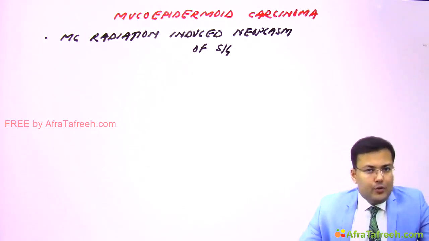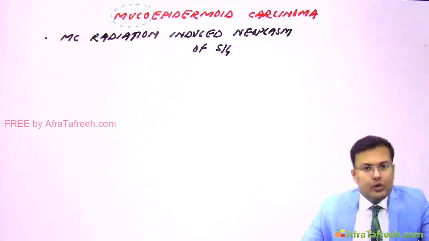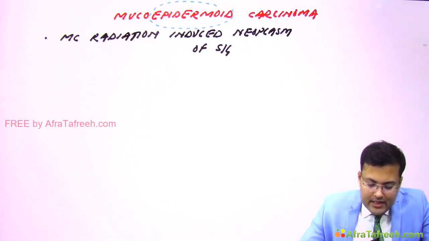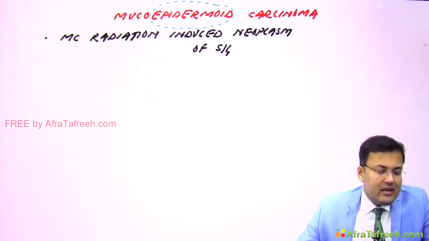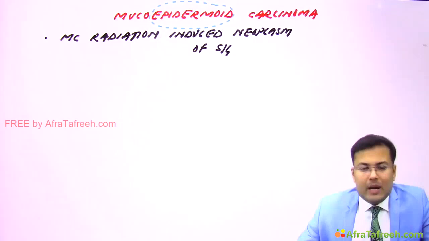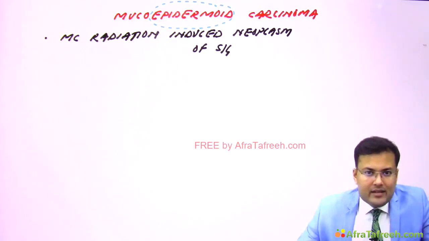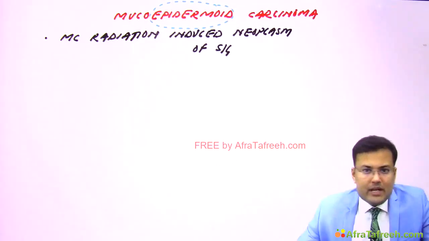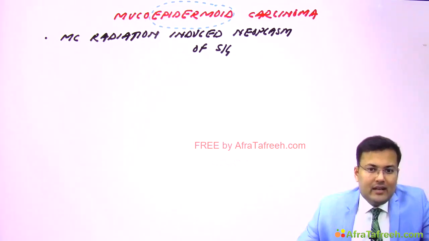Now just break it down. Mucoepidermoid carcinoma mainly consists of two cells. Muco means mucin secreting cells and epidermoid means epidermoid or squamous cells. If mucin secreting cells predominate, it is low grade mucoepidermoid carcinoma, and if epidermoid or squamous cells are predominant, it is high grade mucoepidermoid carcinoma.